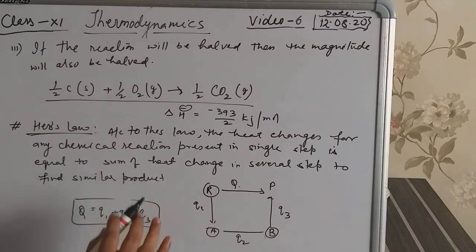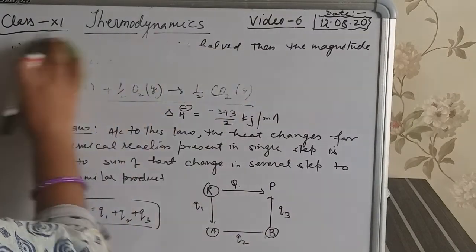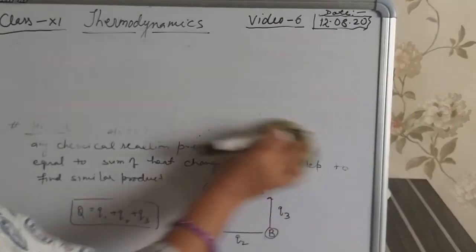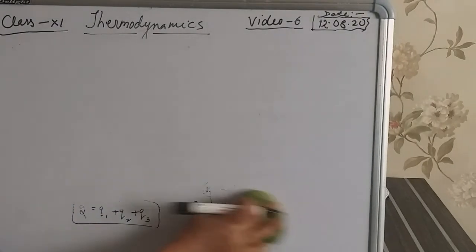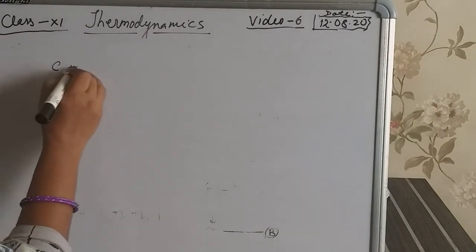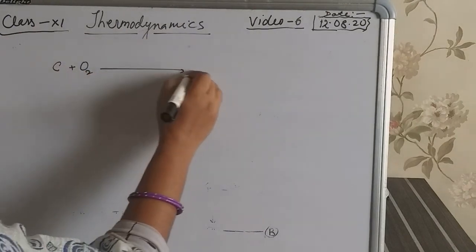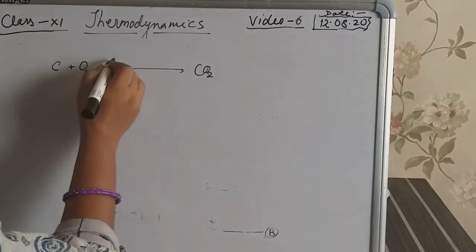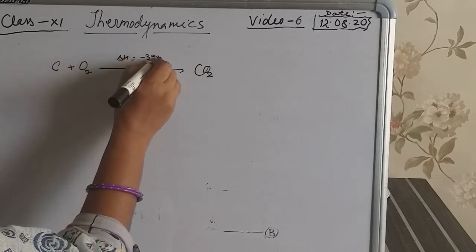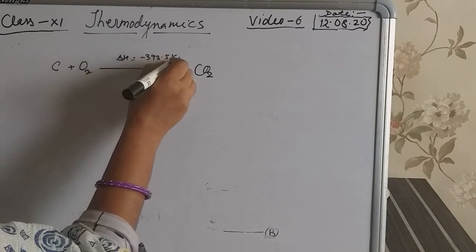For example, carbon and oxygen get converted to CO2, del H is minus 393.5 kilojoule.